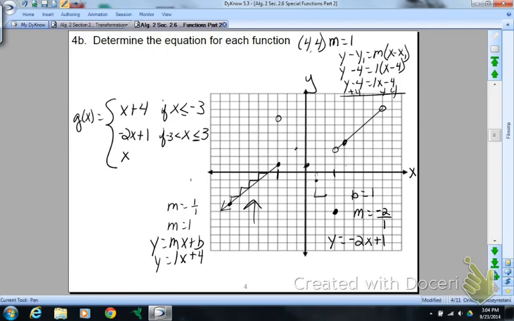And the restriction is x is between 3 and 8. And they're both open circles, so we do not have a line. The domain would be negative infinity to 8 because it stops at 8. And the range would be negative infinity to stops right here at 8.